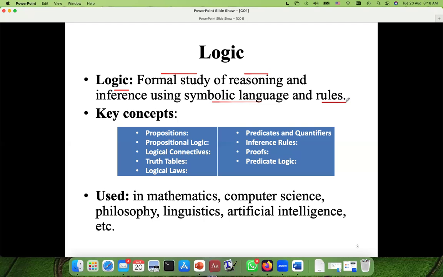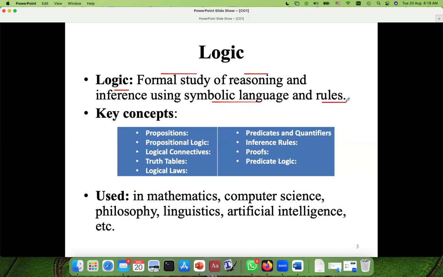By using those symbols and rules, you can work on different problems and you can reason. Reason means doing some thinking, and after reasoning over it, you can extract further next steps from the existing steps. In this way, you can reach the conclusion. This is something like a detailed definition of logic.